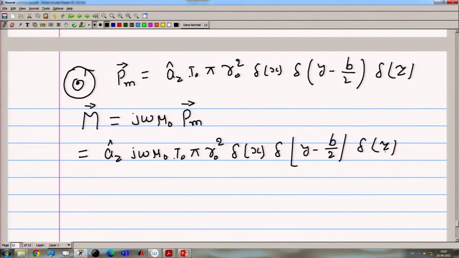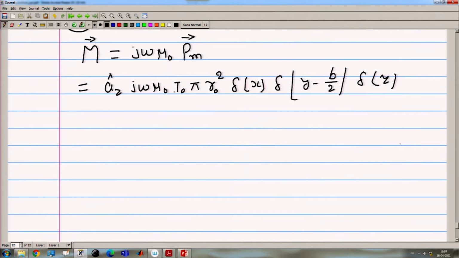So, for the T10 mode, we have to work with the magnetic source in this case.